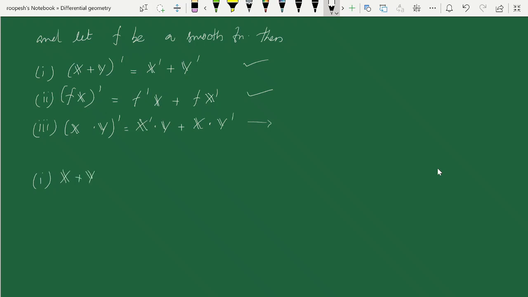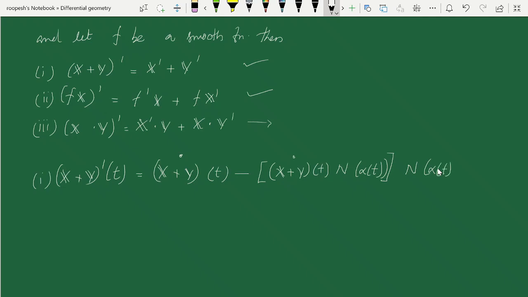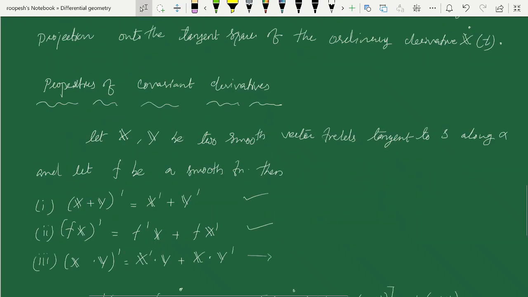(X plus Y) dash of t. Use the definition. So by definition, this is nothing but (X plus Y) dot of t minus (X plus Y) dot of t dot N of alpha of t times N of alpha of t. We are making use of the definition of covariant derivative, nothing else.